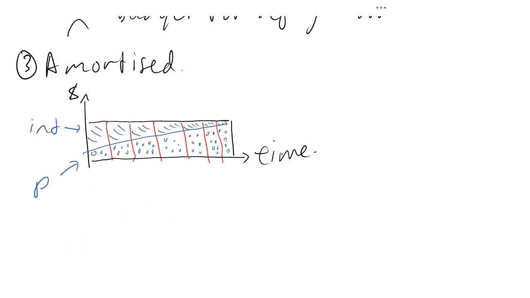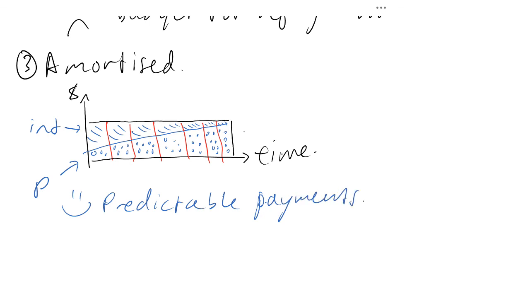The advantage of this is that it's extremely predictable. Predictable payments. You know how much you'll be paying. You know when you'll be paying that amount. You do not need to worry about having to budget a massive sum of cash to pay off the principal at the end.